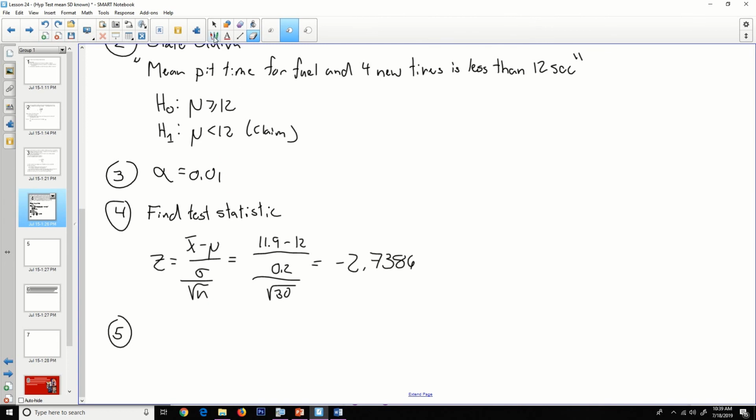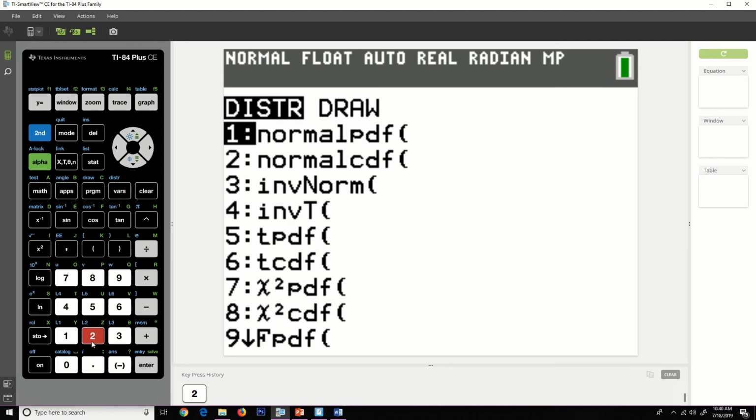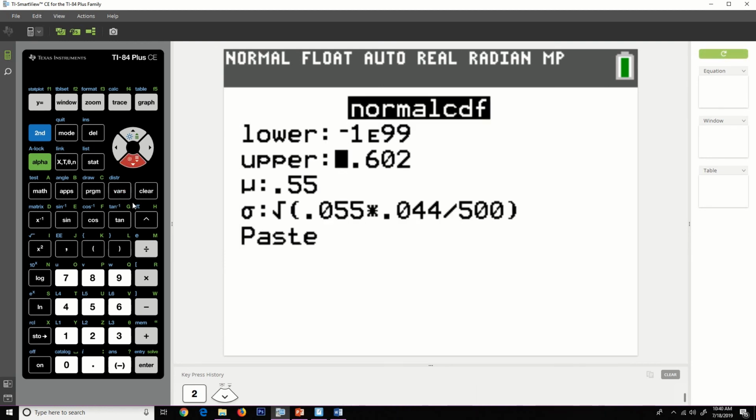And so what we end up doing is we're going to do the normal CDF. And we're going to go from negative infinity, or in this case 10,000, to negative 2.7386. So graphing calculator, second, distribution, normal CDF, negative infinity. Our upper is negative 2.7386.